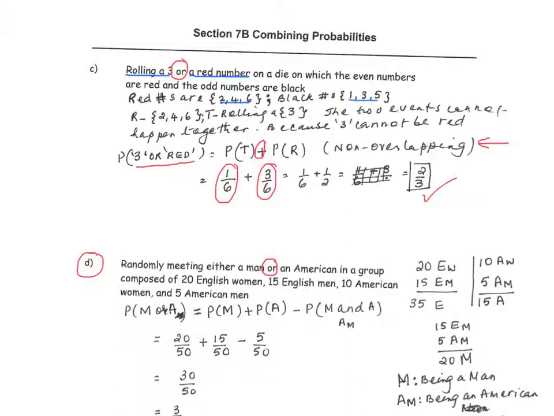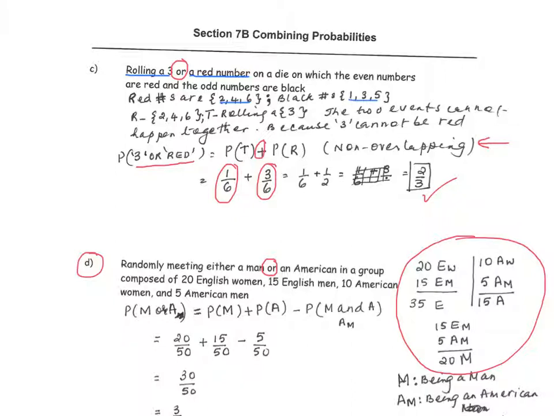So I've written down what is given to us in this corner here. There are 20 English women, 15 English men, 10 American women, and 5 American men. So we can look at the information given in many different ways.